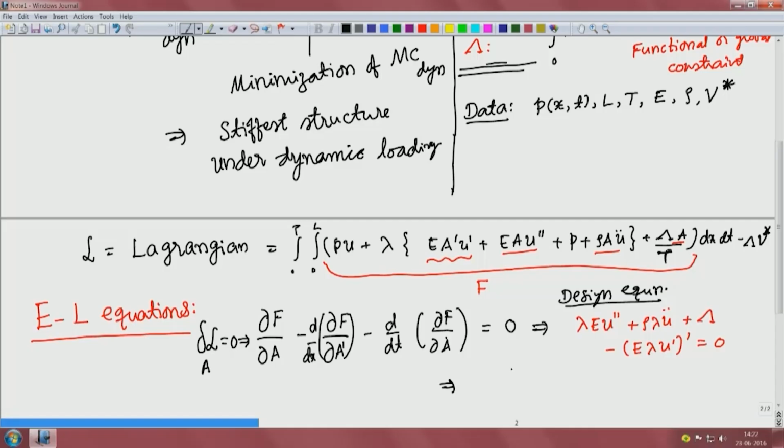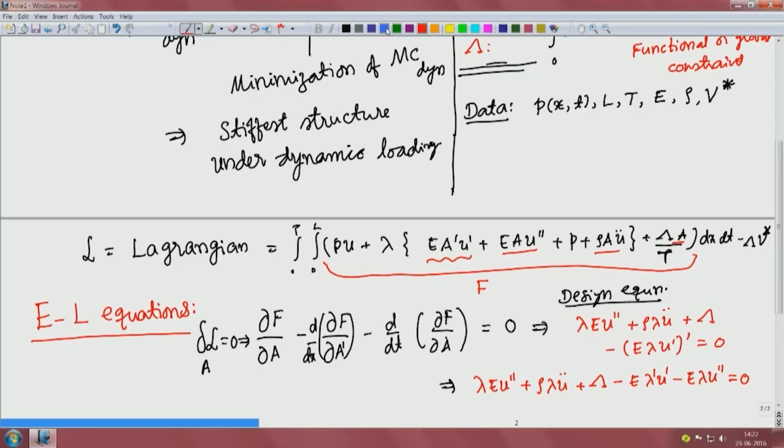Which we can simplify a little bit. So, we have lambda E u double prime plus rho lambda u double dot plus capital lambda, and if I expand the last term, that will be minus E lambda prime u prime minus E lambda u double prime equal to 0.